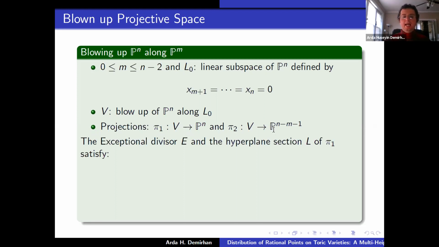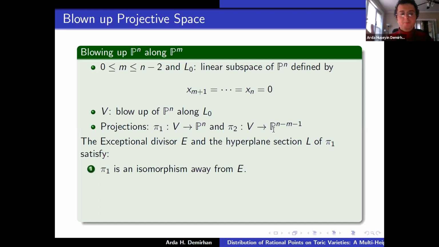Let's say L is the pullback of a hyperplane by pi 1, which is a hyperplane section, and say E is the product L0 times P^{n-m-1}, which is the exceptional divisor of the blow up. And it turns out that they satisfy the following.